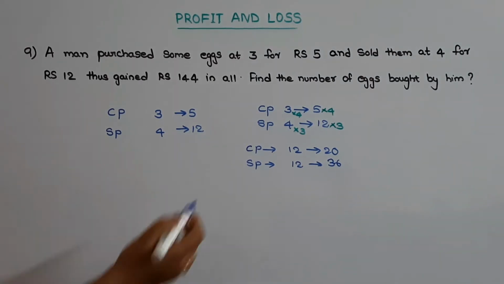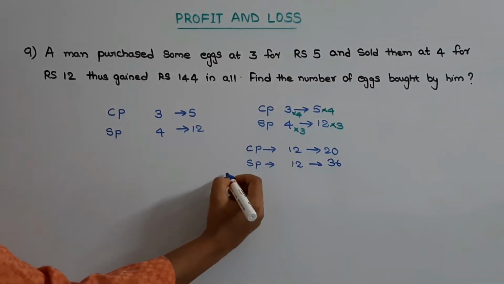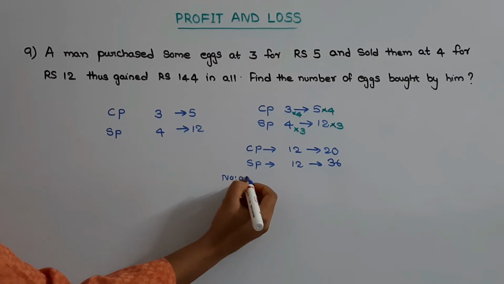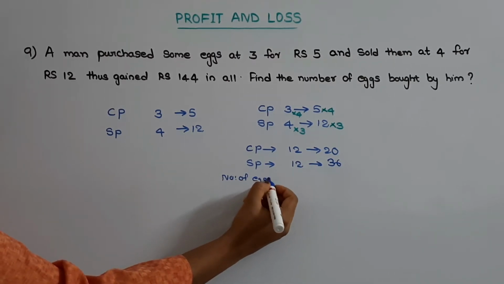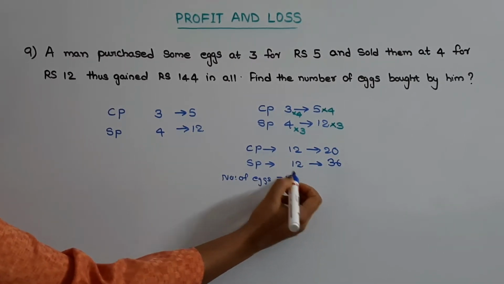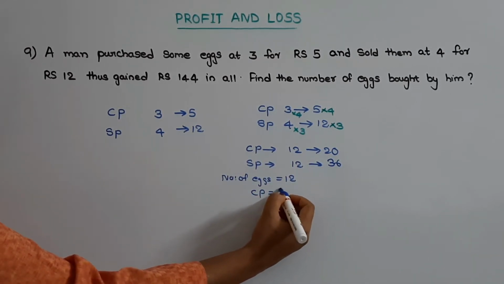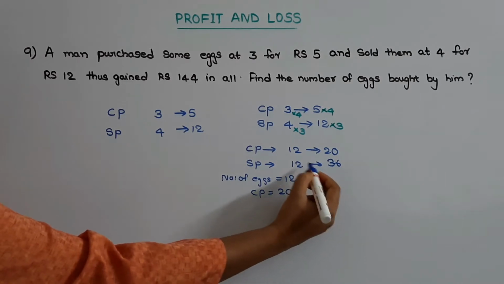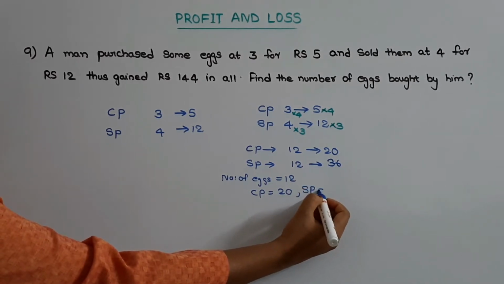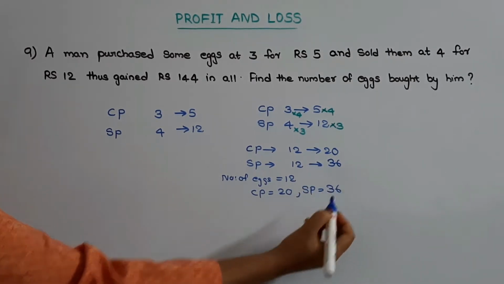So the number of eggs is 12, the cost price is 20 and the selling price is 36.